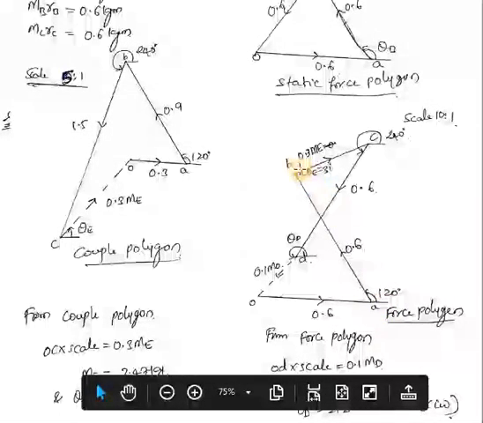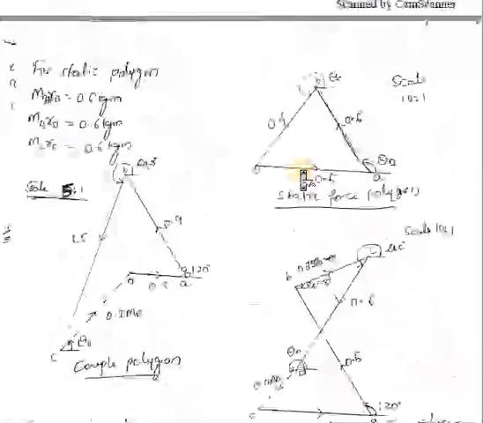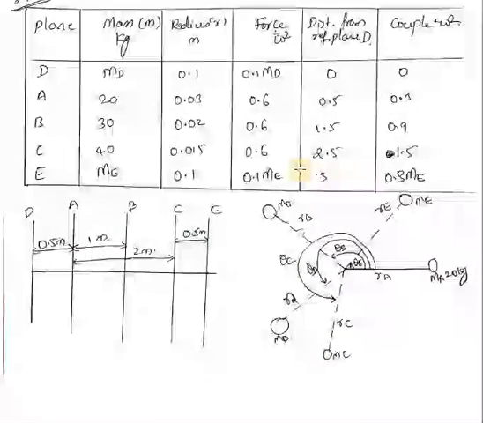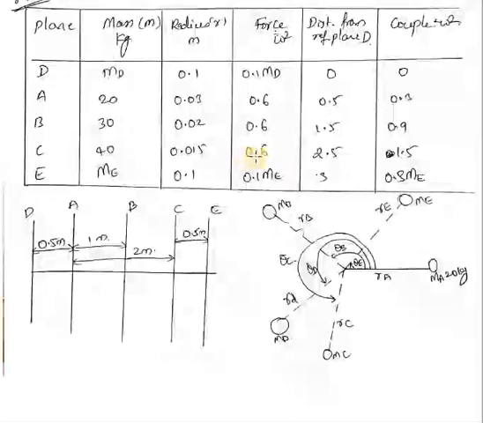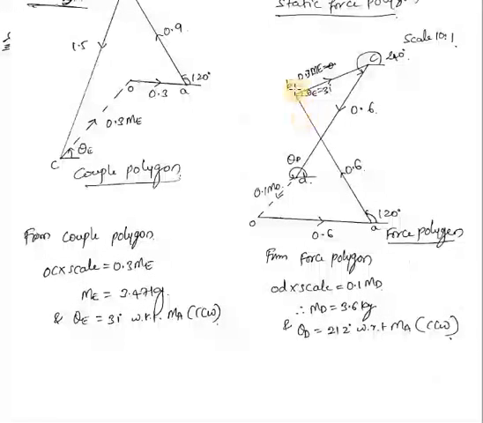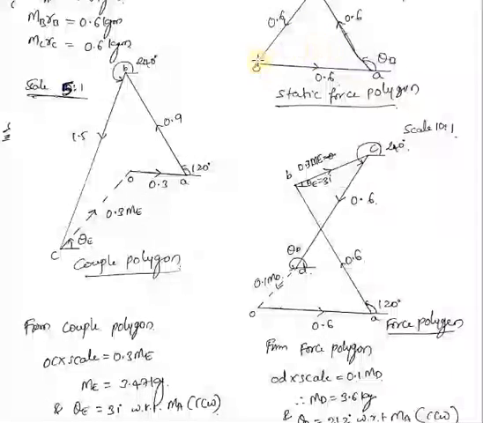Here one thing you can observe: first I have drawn O to E, then A to B I have taken 0.6. If you go with the tabular column, the next term I have to take is this 0.6 with respect to mass C. But if you take that C from here, your force polygon is going to end here only, because for static balance you are going to end up with the same thing.